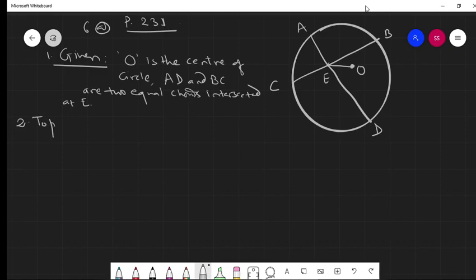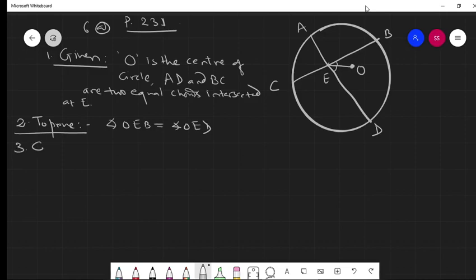Then to prove, dear students, angle OEB equals angle OED. That's why EO will be the angle bisector.